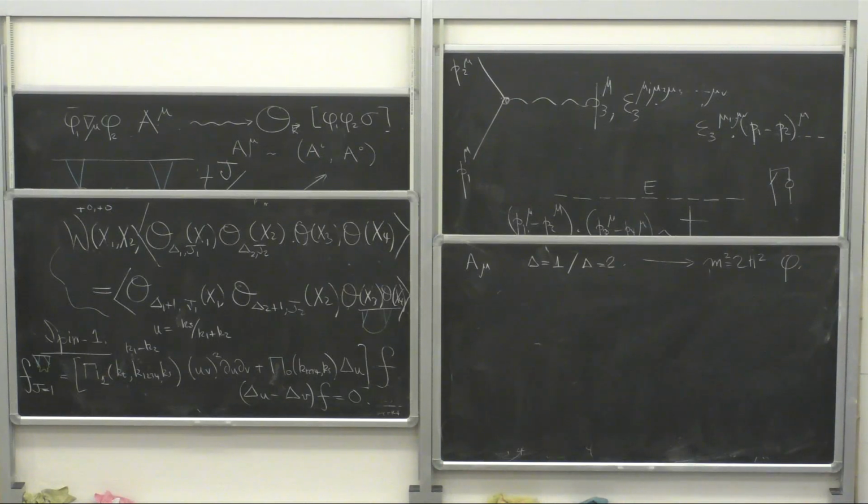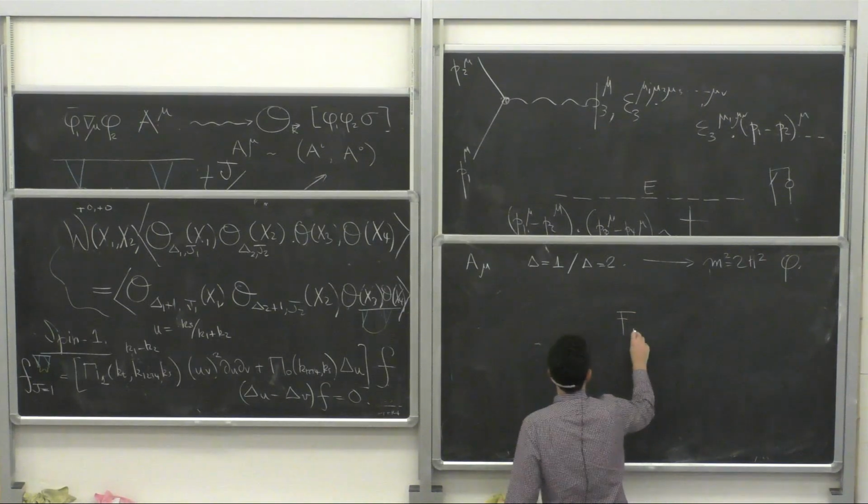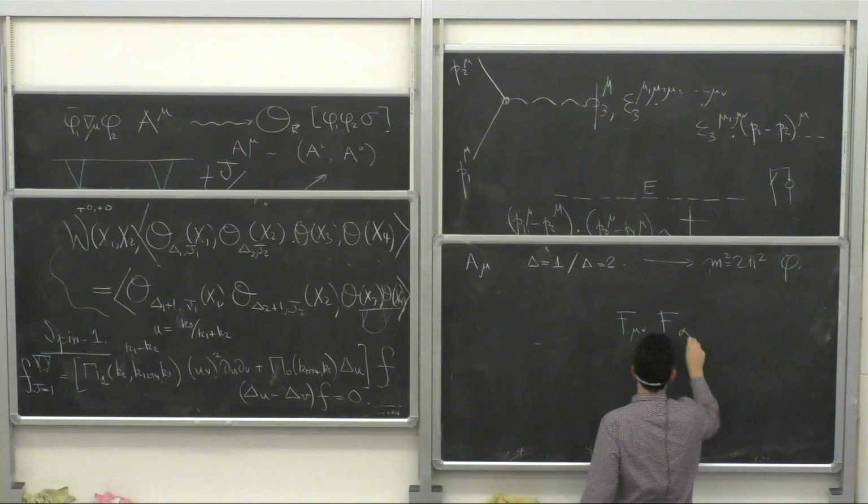You don't particle produce photons in de Sitter space. Why? Someone had responded, you forgot the answer.